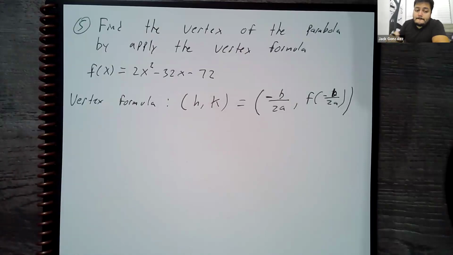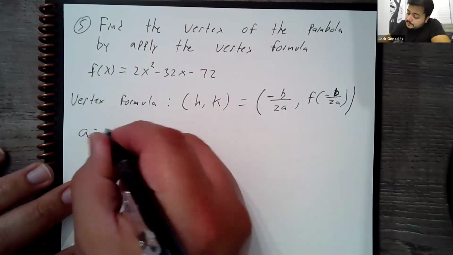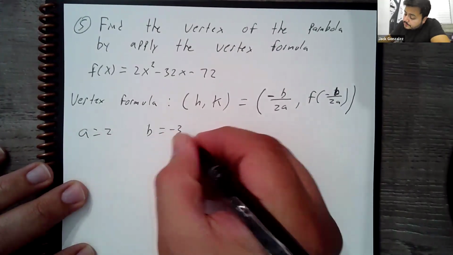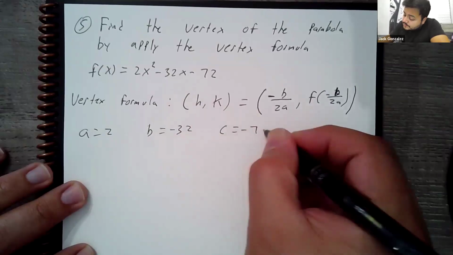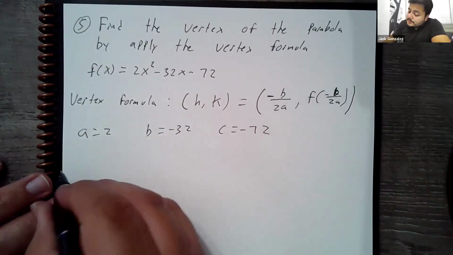So we have a equal to 2, b equal to negative 32, and c equal to negative 72. So plug it in, right?